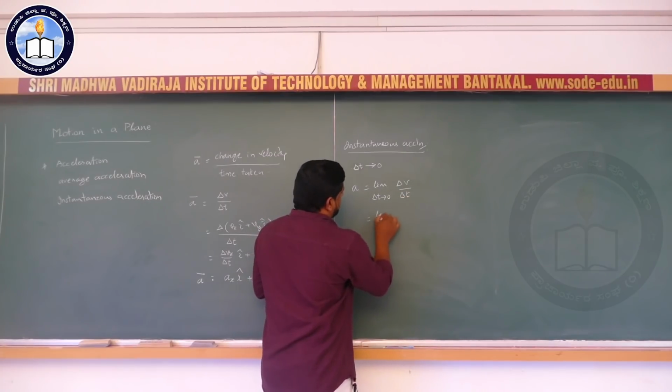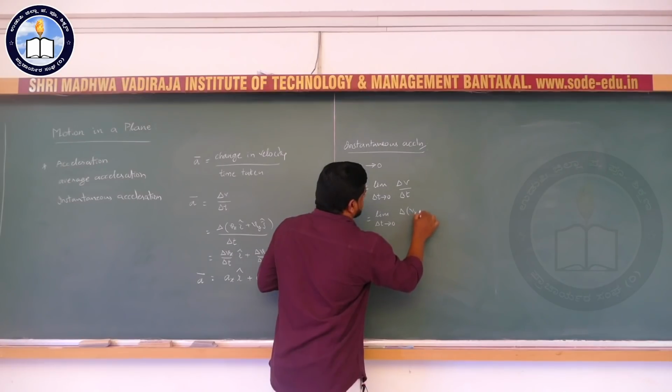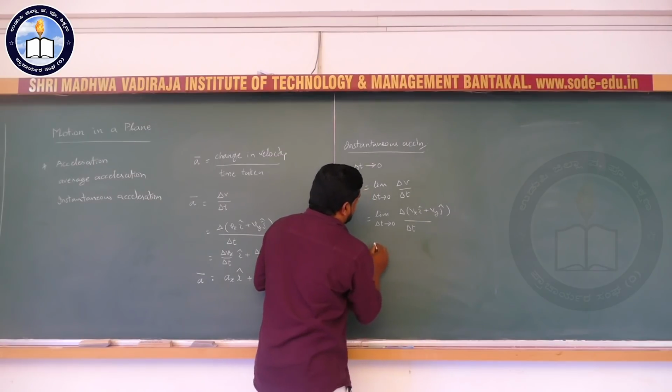This is limit delta t tends to 0 of delta Vx i cap plus delta Vy j cap divided by delta t.